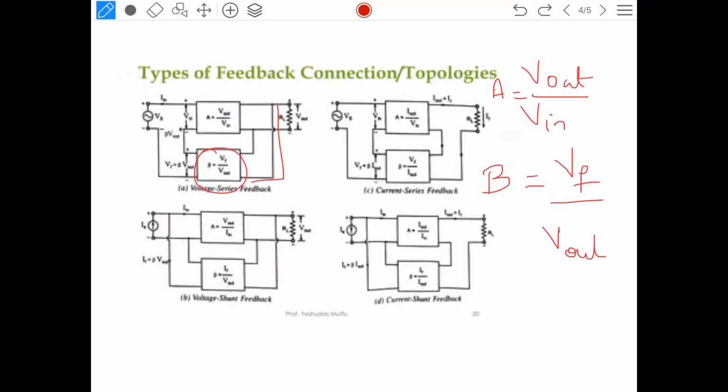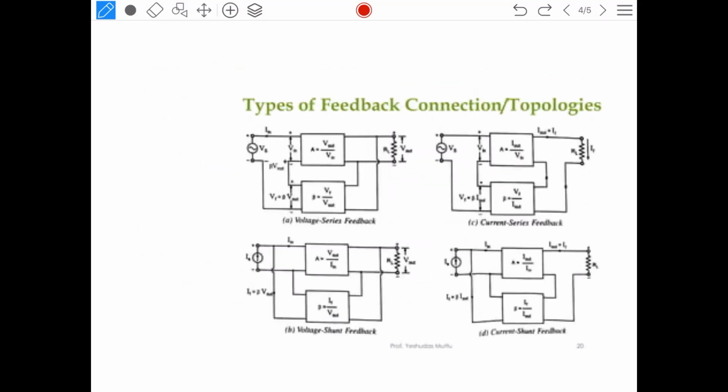Having done this, we need to understand the different types. Voltage series feedback is the one that I am first considering.